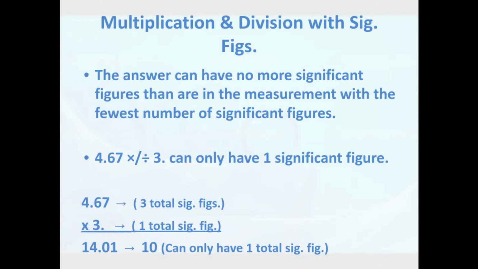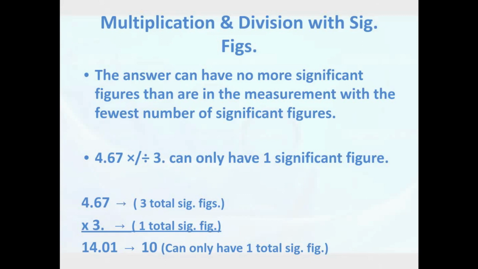And we're going to multiply that by 3, which has a total of 1 significant figure. If I type that in my calculator, I'm going to get 14.01. But since the least amount of total significant figures in the numbers I was multiplying is 1, my answer can only have 1 total significant figure.